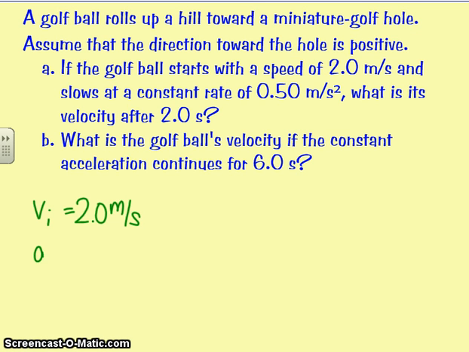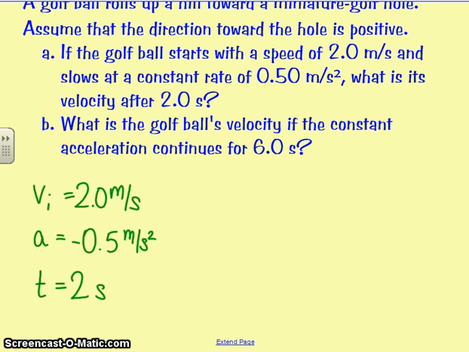Then it says that it slows at a constant rate of 0.5 meters per second squared. This is negative, so that it will decrease the velocity. Lastly, we know that time is 2 seconds. All of my units match, so I don't need to convert anything.